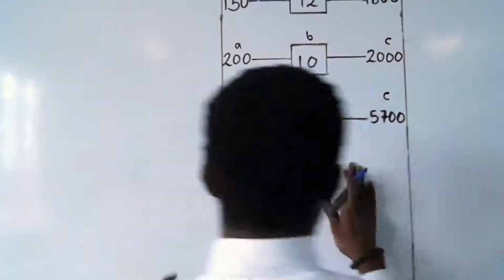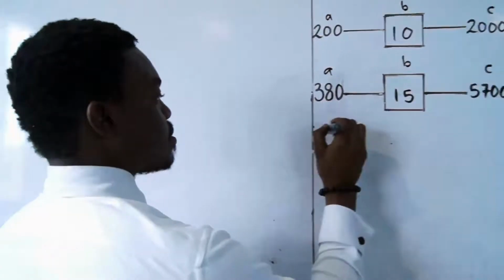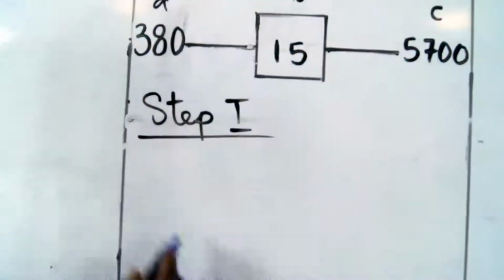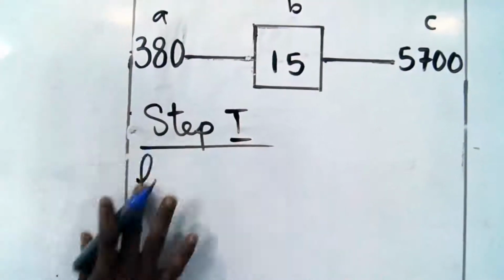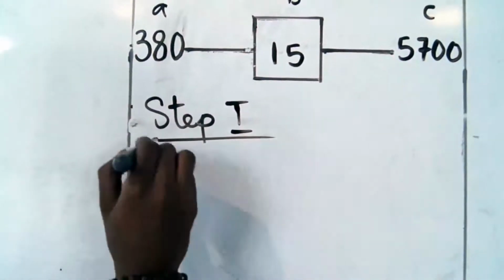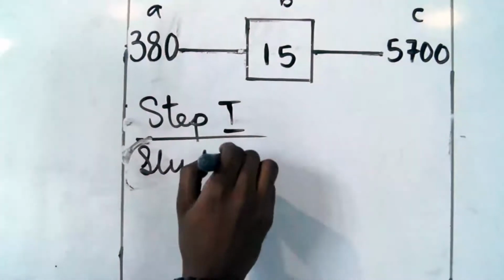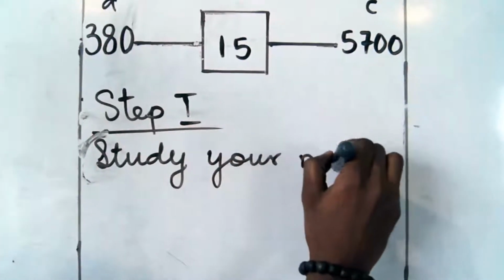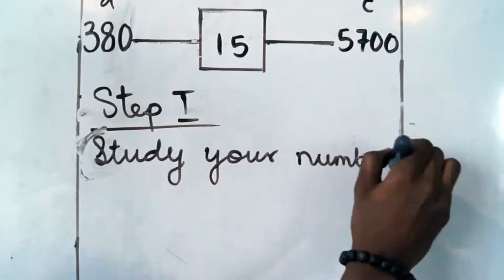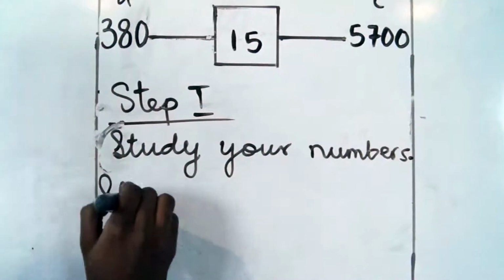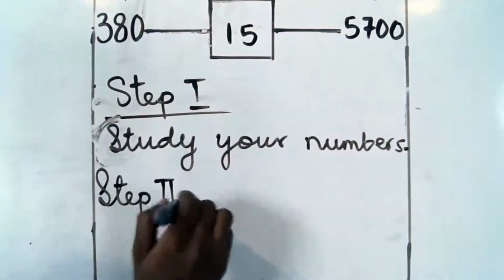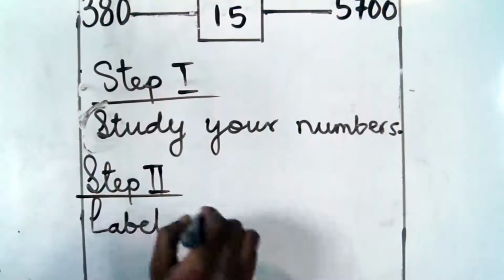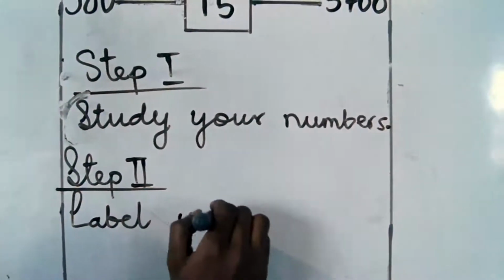Remember, I said step 1. Let me put it this way for you so you understand. Step 1, you study your samples. And then step 2, you label your numbers.